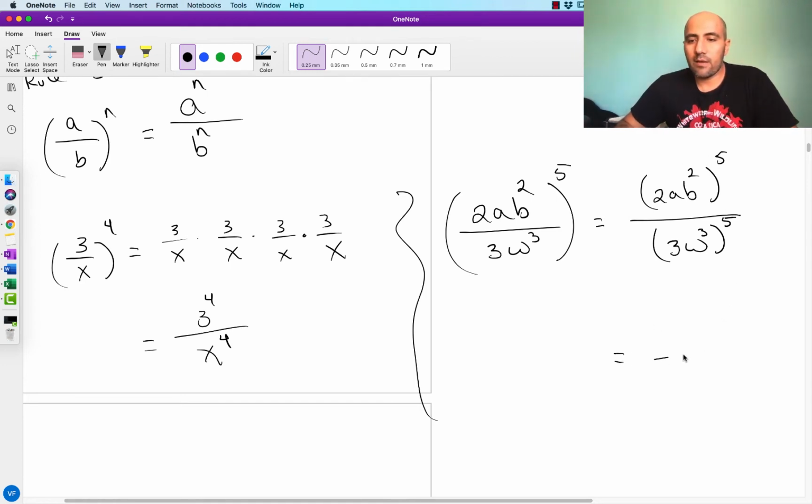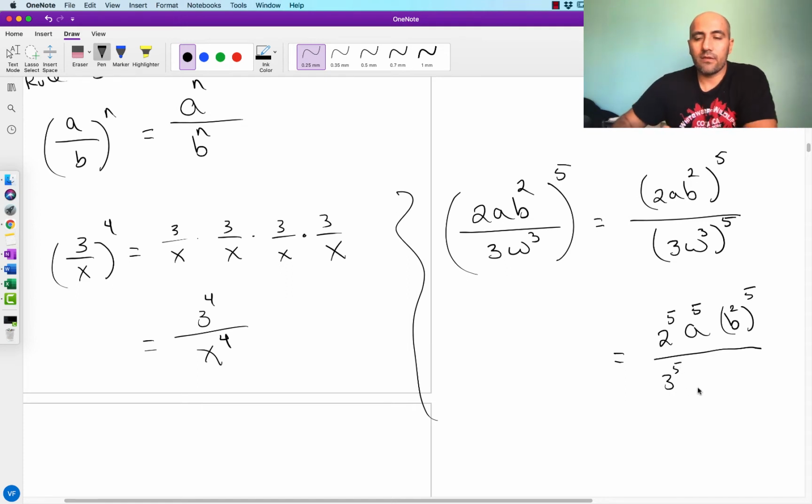So in the numerator we'll end up with 2 to the power of 5, a to the power of 5, and then b squared gets raised to the power of 5. In the denominator, we'll get 3 to the power of 5, and then the w cubed also gets raised to the power of 5.